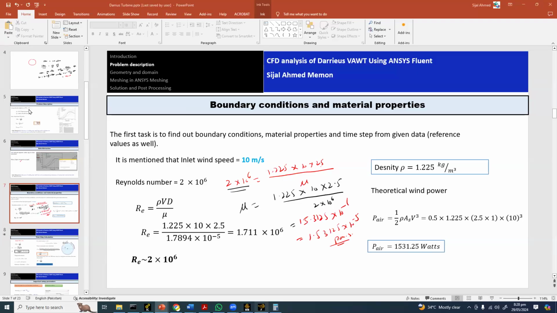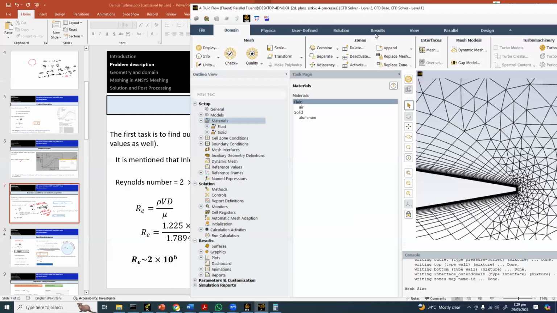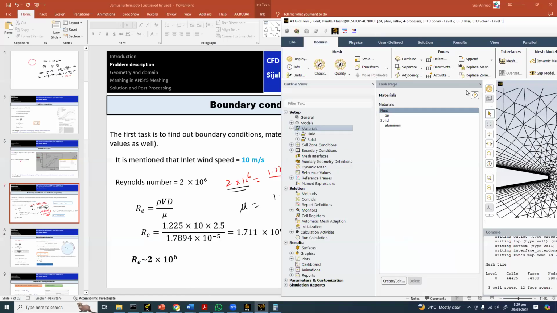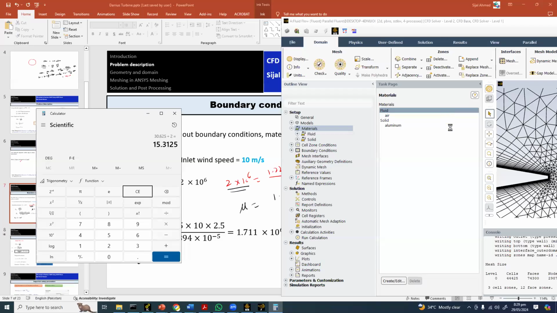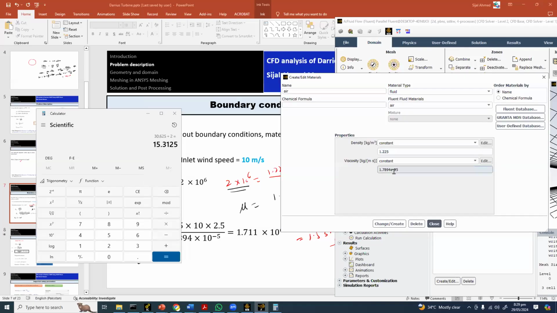When I open Fluent, I will go to material properties and change the properties of air. I will keep the same density, but I will put the viscosity as 1.53125 times 10 power minus 5.